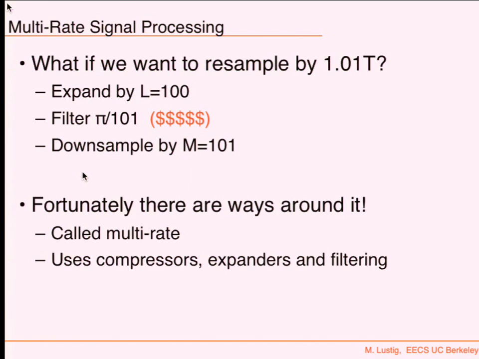Fortunately, people figure out a way around this because if you think about this, we're starting with a certain rate of signals, right? We're upsampling, we're computing a lot of stuff, and then we're downsampling. It's really similar to how much work we need to go. If we just did the upsampling, we had to go to the continuous time, implement digital to analog, and then downsample.